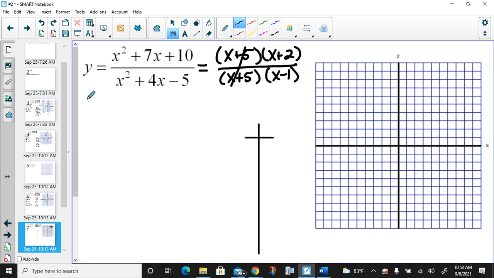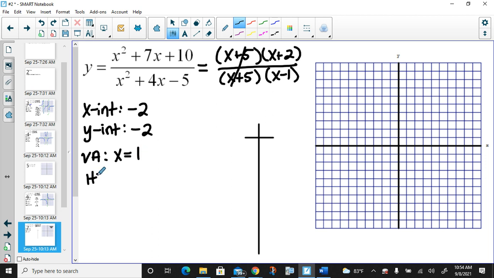All right, so we find our x-intercept, which is -2. We find our y-intercept, which is -2 also. Our vertical asymptote is x equals 1. Our horizontal asymptote is, yeah, shocker, y equals 1.